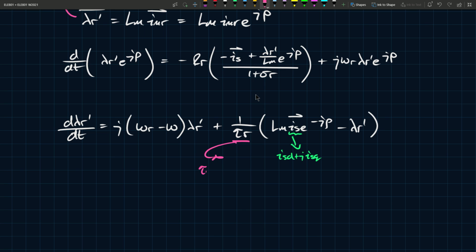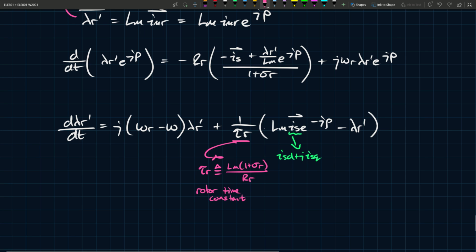Tau r is defined as LM 1 plus sigma r divided by RR, and they call this the rotor time constant. So this is the rotor time constant. Okay, now we have essentially real and imaginary components.